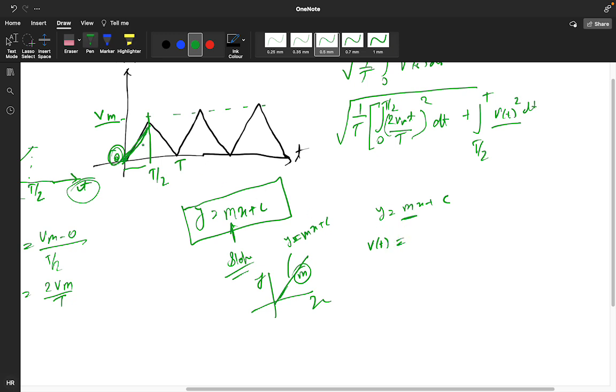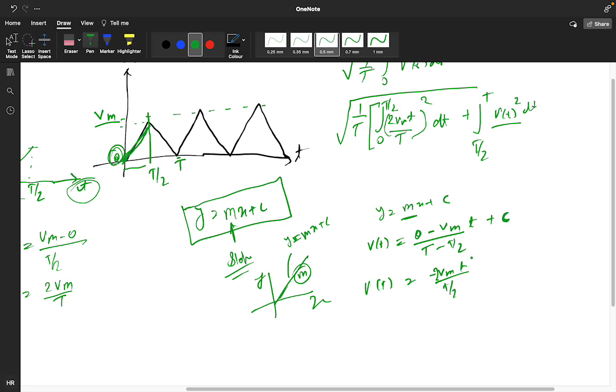Your slope m is y2 minus y1, so y2 is 0 minus y1 which is Vm, by T minus T by 2, into t plus c. So v of t you are getting minus Vm t divided by T by 2. So you are getting the same equation, but the minus sign is coming.